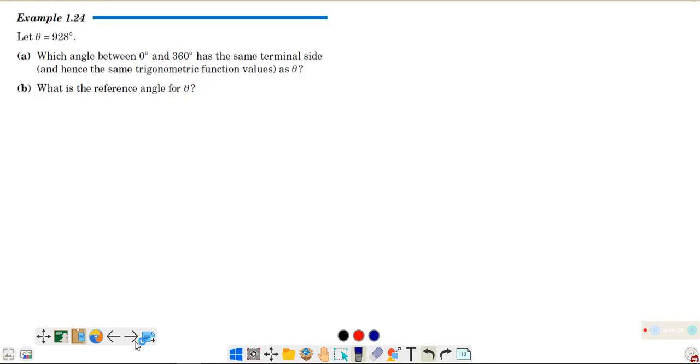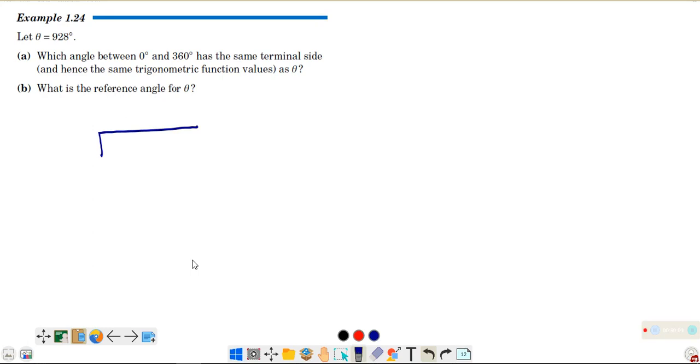Okay. Meron na tayong angle na greater than 360. So, how are we going to search for its trigonometric function value? 928. This is the easiest approach na sa tingin ko madali talagang maiintindihan. Mag-e-employ tayo ng operation na division.